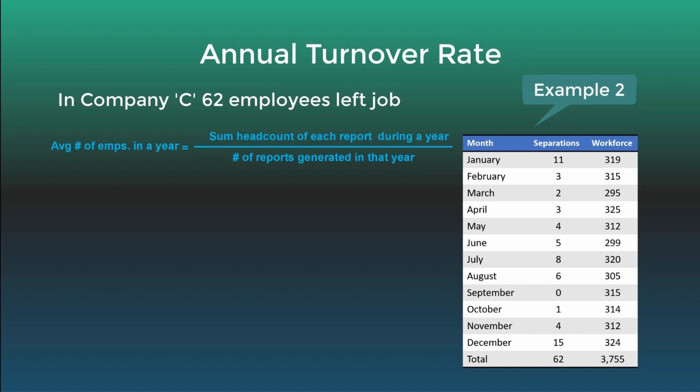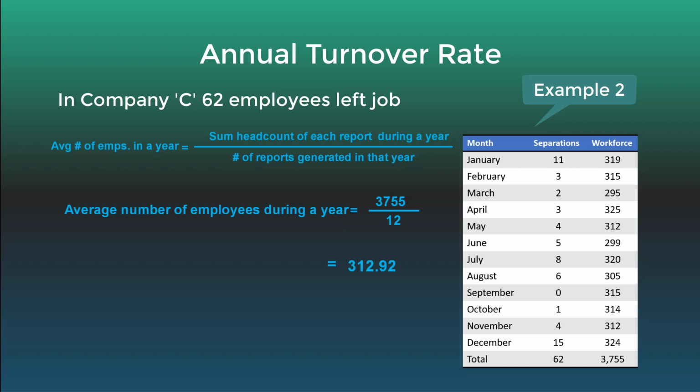So the sum of headcount for 12 months is 3755, and we divide this by 12 to get the average number of employees, which turns out to be 312.92, while the total number of separations for the whole year is 62.